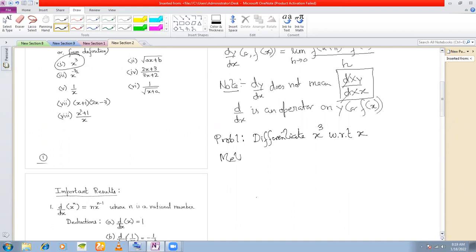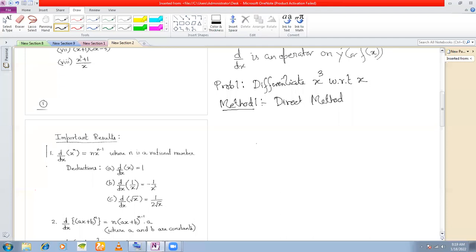First method, or the direct method, is we are applying this formula here: d/dx of x to the power of n is equal to n x to the power of n minus 1. So I say let y is equal to x cube, or you can also say f(x) is equal to x cube. Both ways.